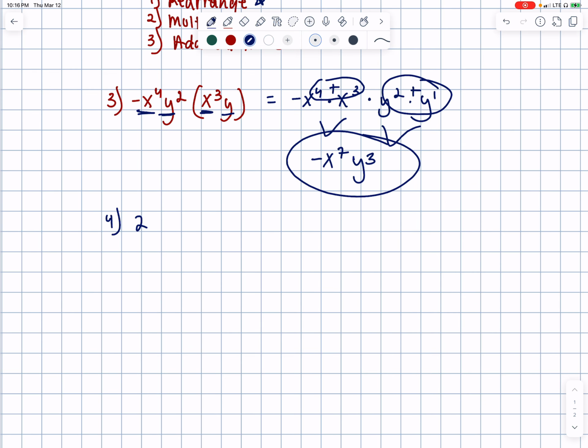We got 2x to the a power. Okay, we're not dealing with numbers here anymore, and you're probably gonna go crazy, and that's okay. And I'm here to help you. If you're going crazy, I'm going crazy with you, and we're gonna figure it out together.